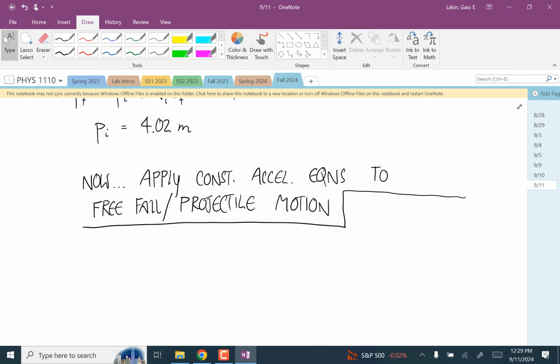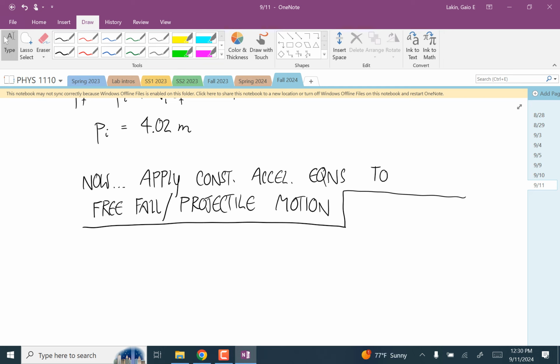But what isn't so obvious to most people is that the only reason they fall at different speeds is because air resistance affects the motion of the ping pong ball more than it does the rock.